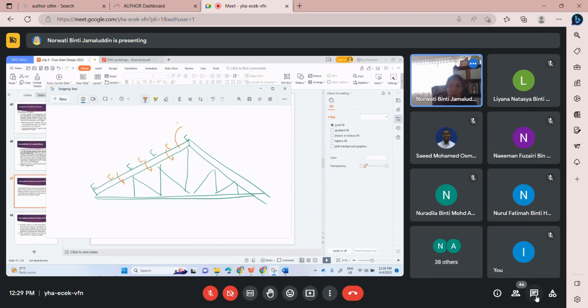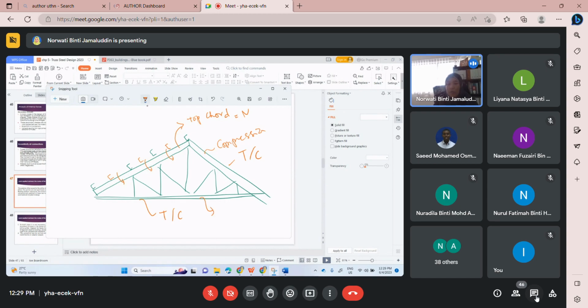So for the top chord, you will have N, the axial force, which will be in tension or compression. Under typical load case, the top chord will be in compression.